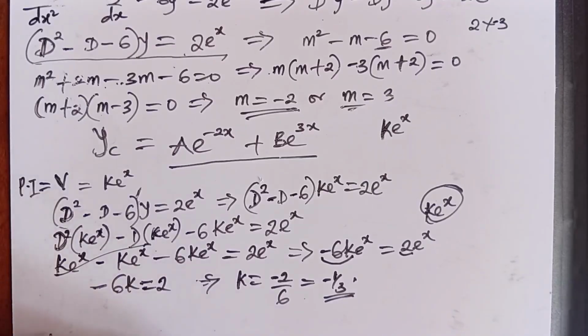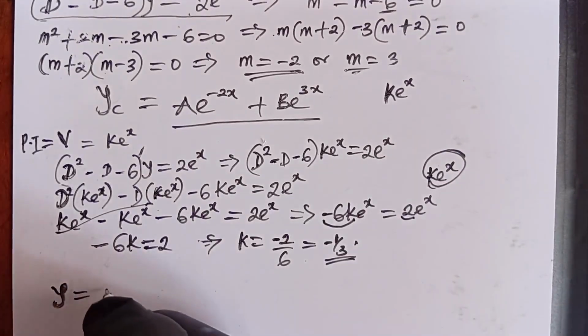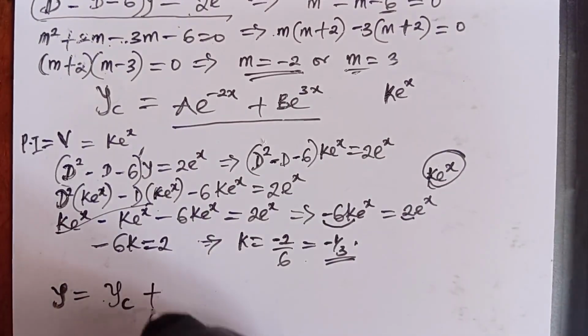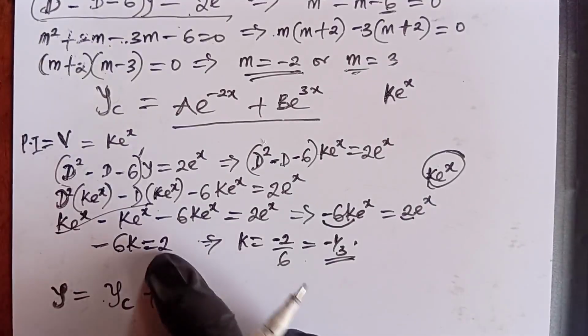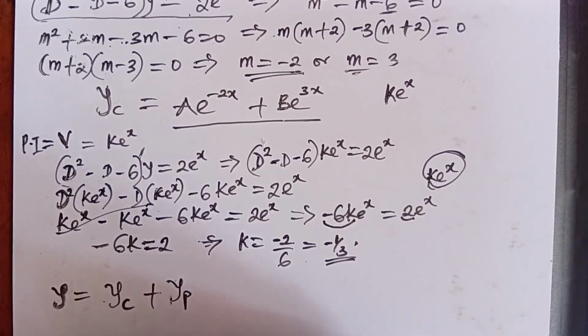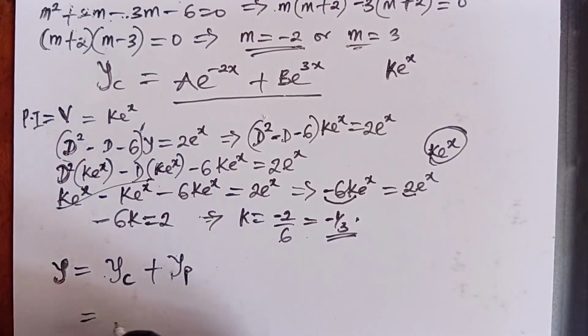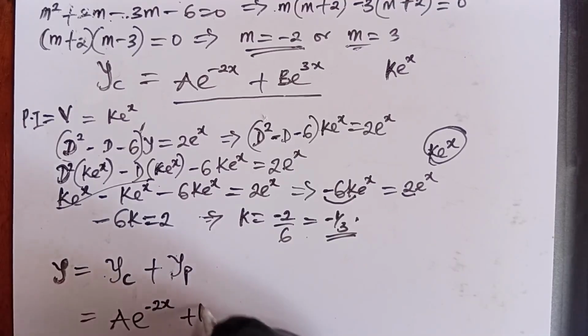Therefore, the solution to this equation, y, is the complementary function plus the particular integral. Our complementary function is a e to the minus 2x plus b e to the 3x.